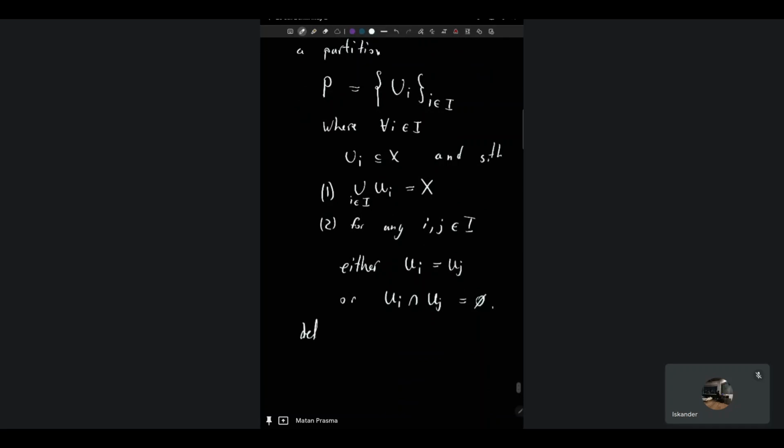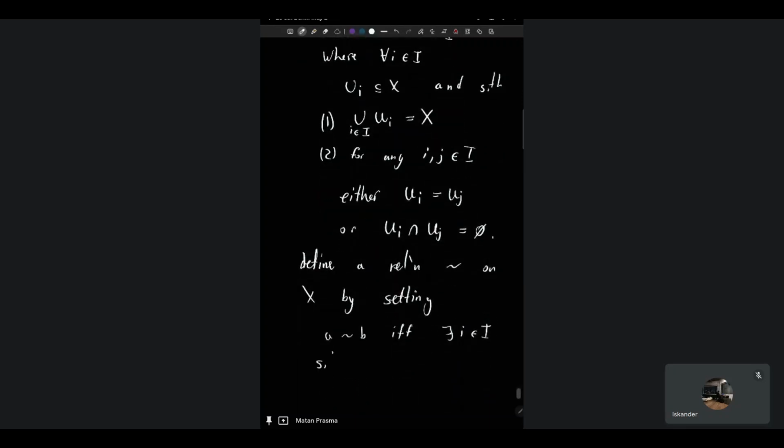Define a relation tilde on X by setting a equivalent to b if and only if there exists some index i such that a and b belong to the same U_i.